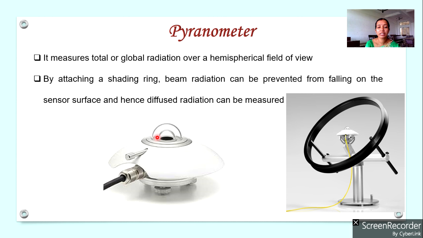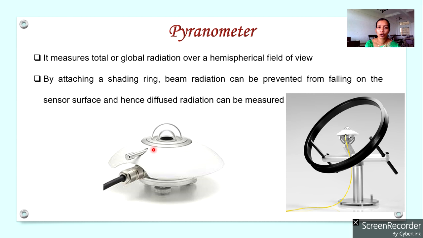The solar radiation can fall over this hemisphere from all the directions. That is why we say that this pyranometer can measure total or global radiation over a hemispherical field of view, and it can also be used for measuring the diffused component of radiation.